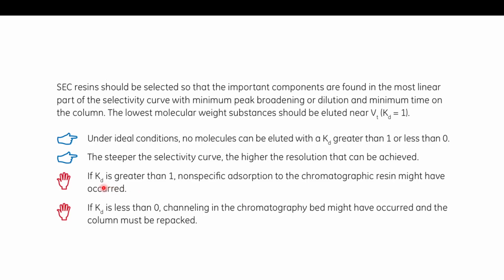Many times it is found to be greater than 1. In that scenario, the molecules that constitute your sample can show non-specific adsorption onto the chromatographic resin. In those conditions, the partition coefficient usually gives a value of more than 1.